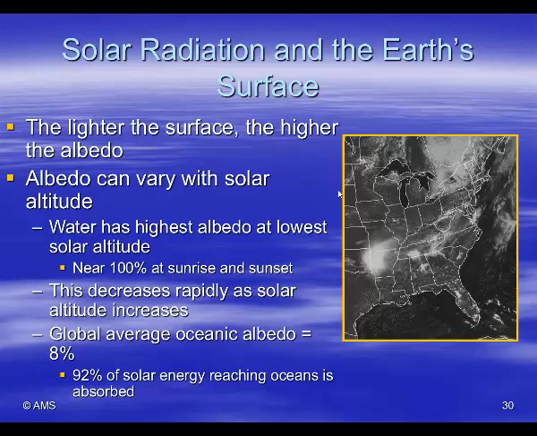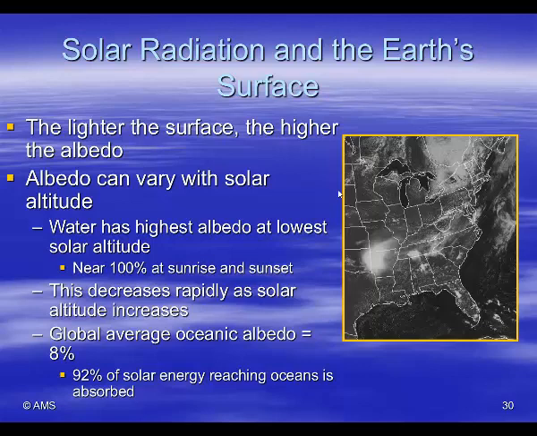Solar radiation hits the Earth's surface, and some of it is absorbed and some of it's reflected. The lighter the surface, the higher the surface albedo. So don't forget, the albedo is the amount of light reflected divided by the amount of light that comes in. The albedo can vary with solar altitude.